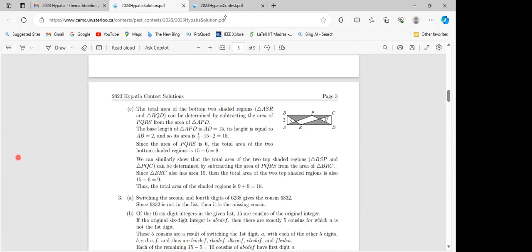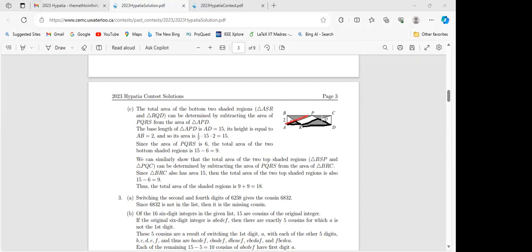Solution. The total area of the bottom two shaded regions, ASR and RQD, can be determined by subtracting the area of PQRS from the area of APD. I'll highlight the APD in a different color.